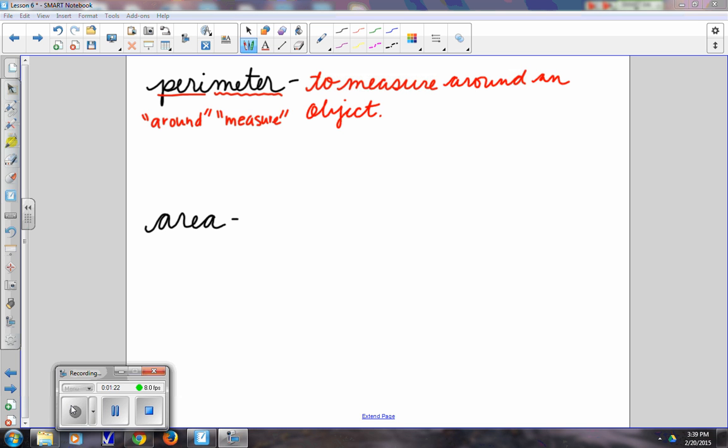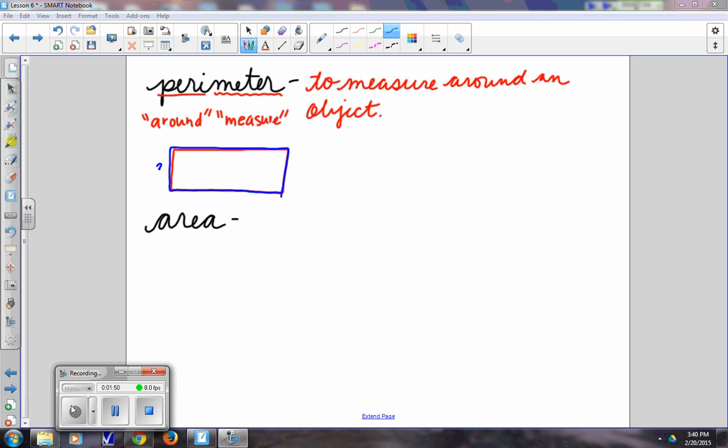So if I wanted to know the perimeter of this rectangle, I'd want to know how many units it is all the way around the edge, around measure, perimeter.